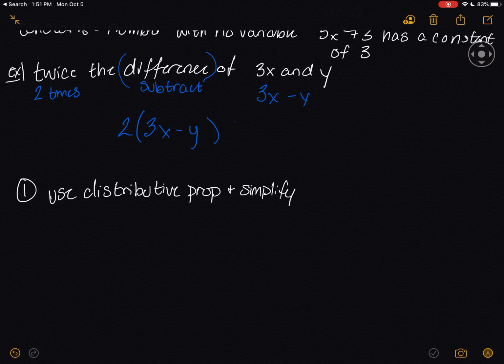And for that first one, we're going to do 2g squared plus 9g minus 3 all times 6.